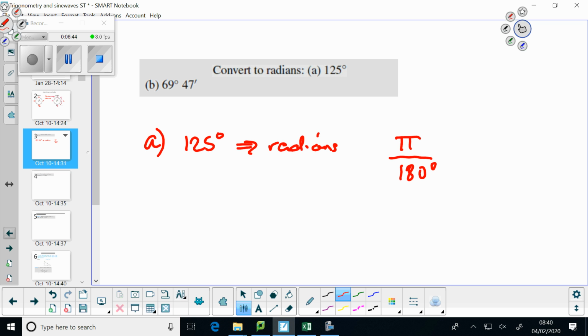And then if we multiply that by 125, we've got what 125 degrees is worth. If you do that math on your calculator, you should get 2.182 radians.